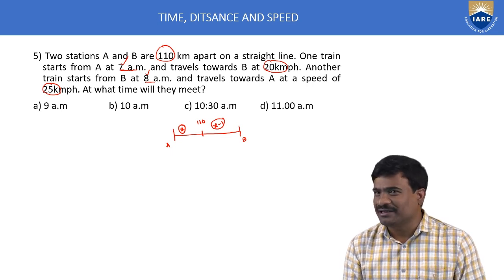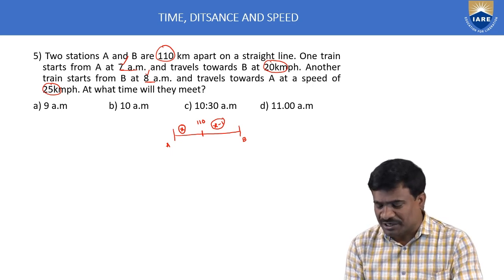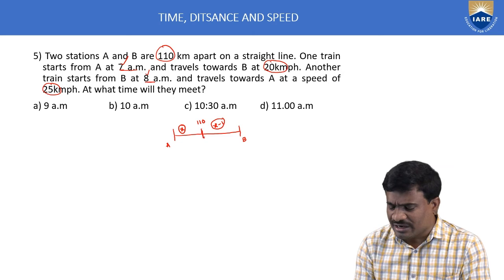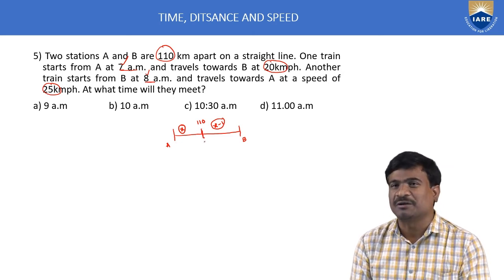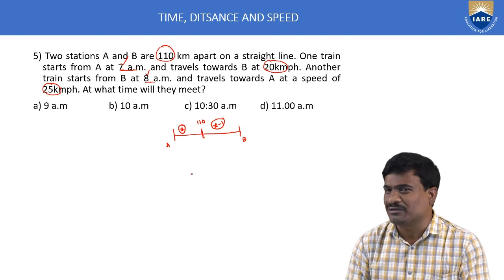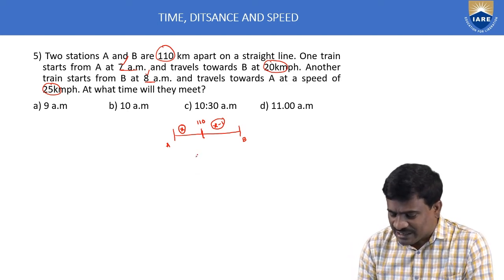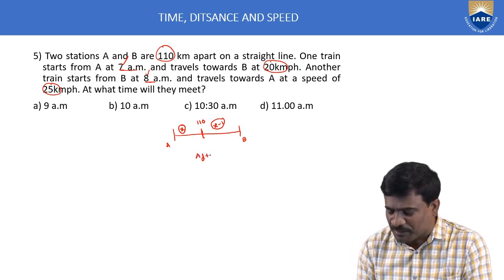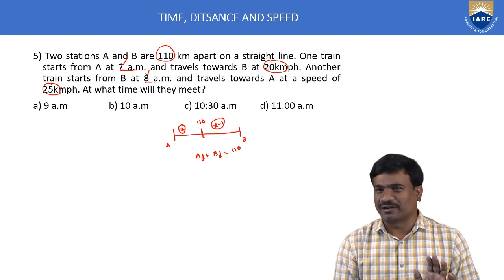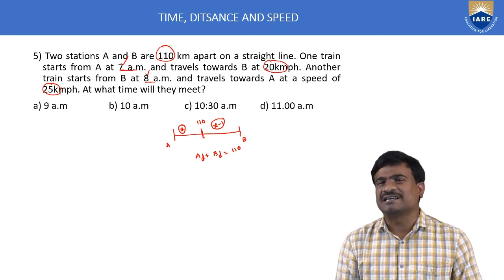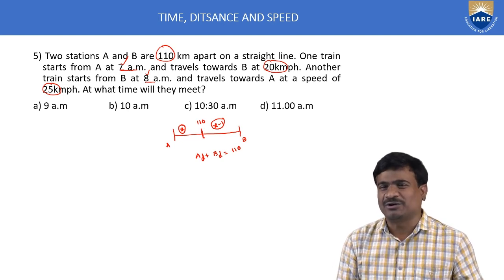The next step is the same method. A distance up to the meeting point plus B distance up to the meeting point is equal to the total distance, which is 110. A distance is equal to A speed into time.